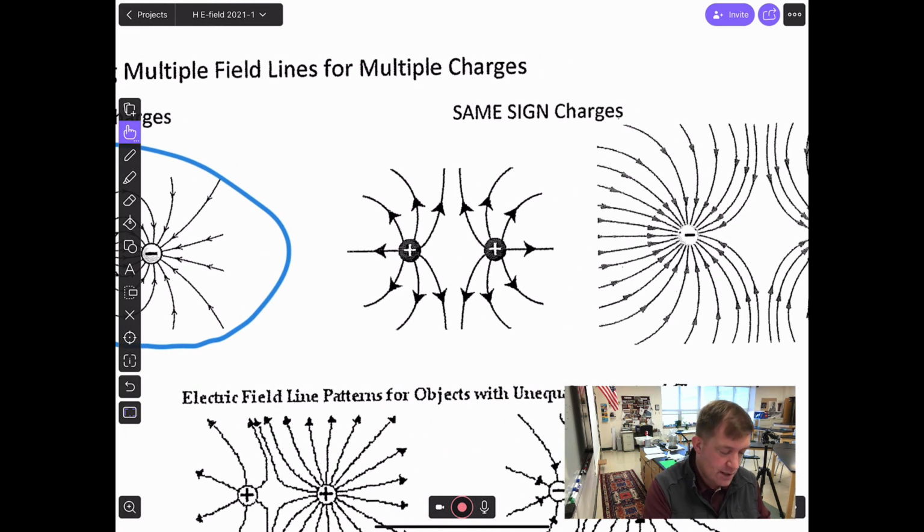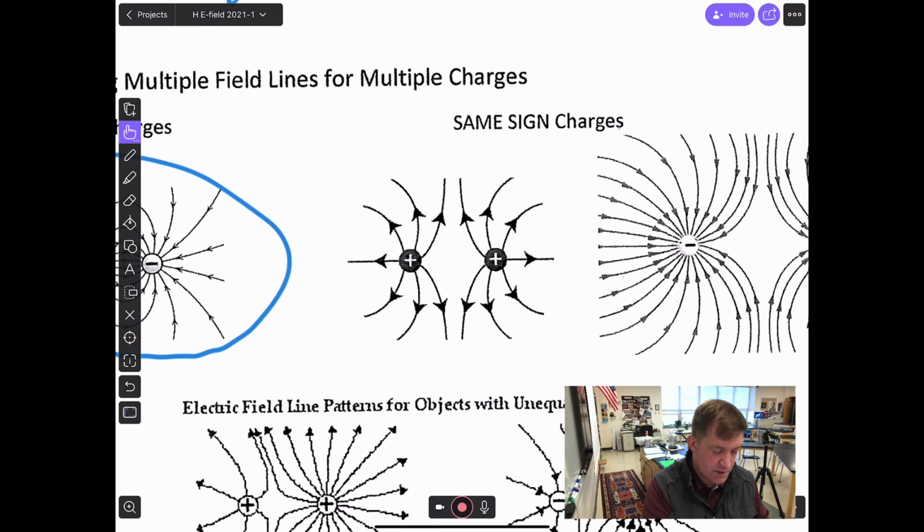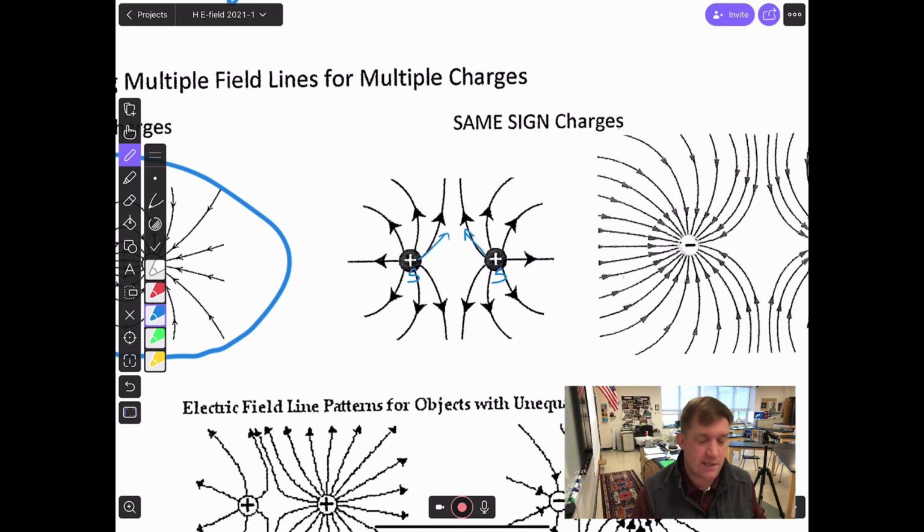However, if there are two like charges near each other, these are both sources, source 1 and source 2, and their vector lines are trying to both radiate outward, especially in the middle region, and they can't cross, but if you add them together, you're going to get a smoothing out effect.